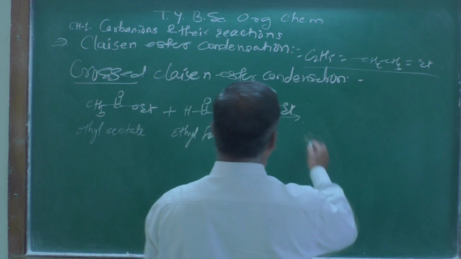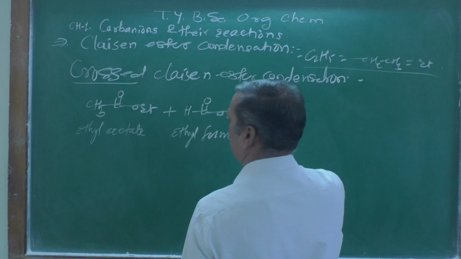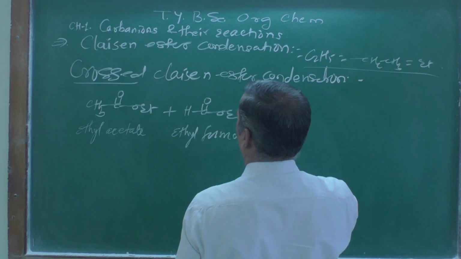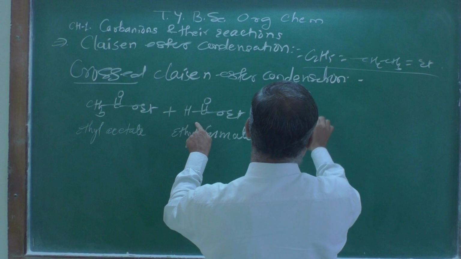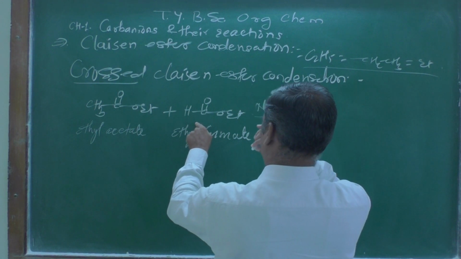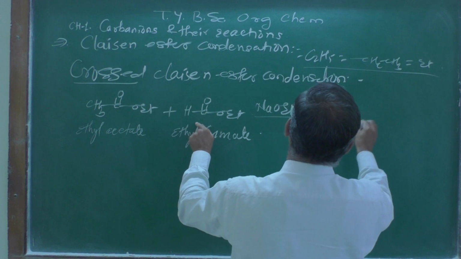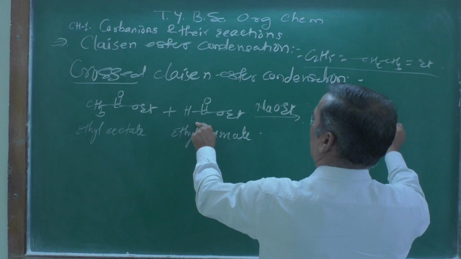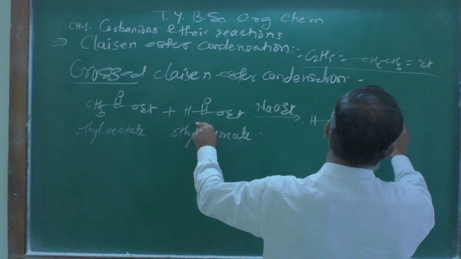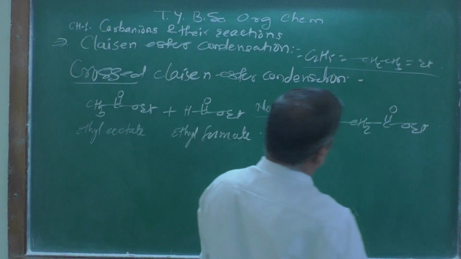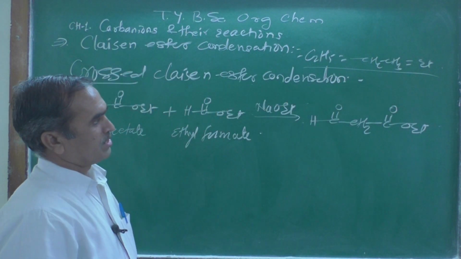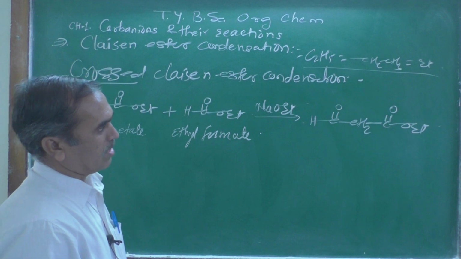What it will do is form the carbanion, and that carbanion is going to attack, and you are going to get C double bond O, then CH2, then C double bond OEt. That is a beta keto ester; that type of compound we are going to get.